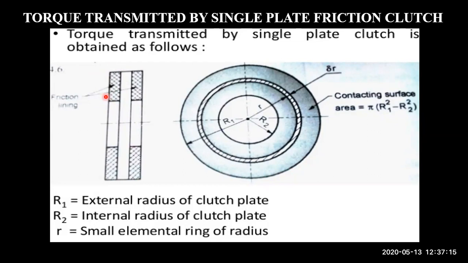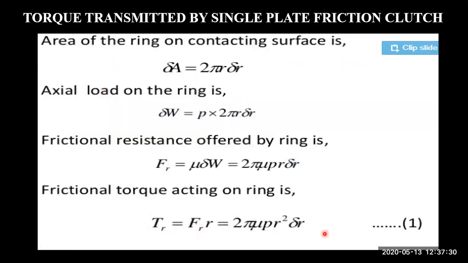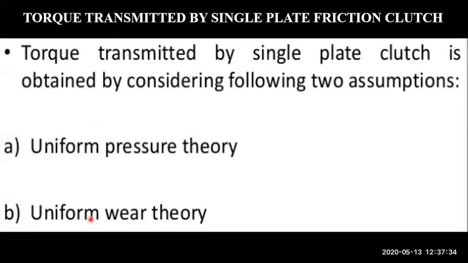This data usually will be given in the problem: assume uniform wear or uniform pressure. This will be given in the question, not to worry. From the derivation point of view, we have two different derivations. Till here, I told you it is the same for both derivations. We keep it as equation one.